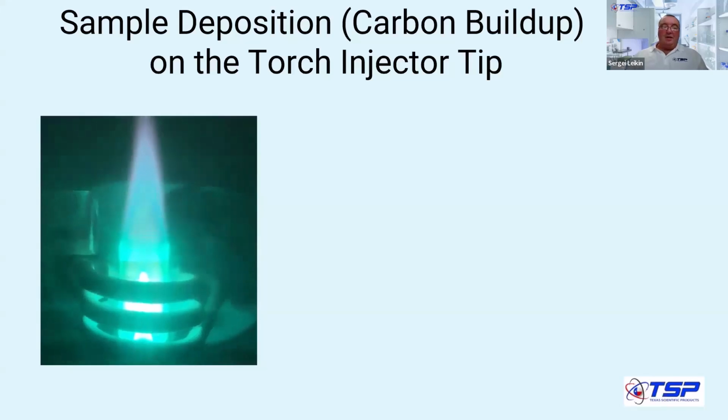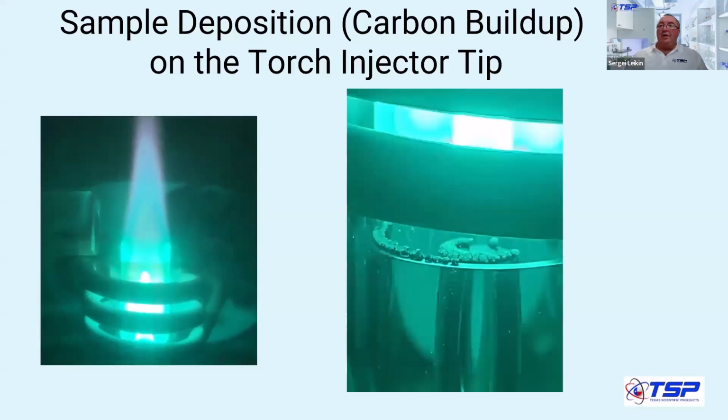And then when you look a bit more closely at your torch and your injector, you see a carbon buildup right there. This is typically what users experience when they're switching from aqueous to organics without adjusting any parameters.